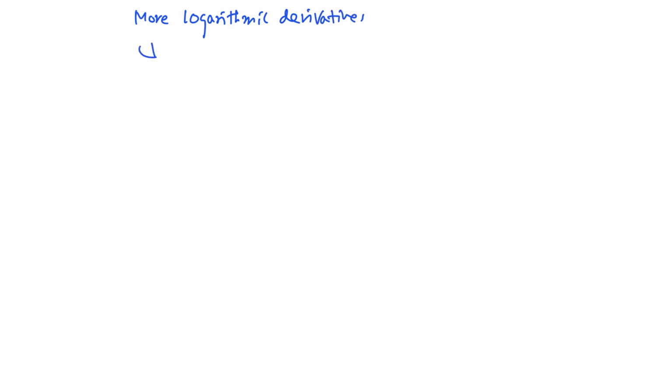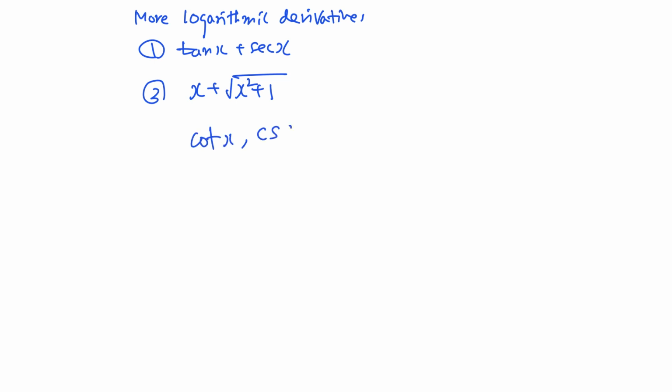We know tangent x plus secant x, right? We have done this. And we have done x plus the square root of x squared plus 1, right? Let's consider, how about cotangent x with cosecant x? That could be another possible combination, I think.